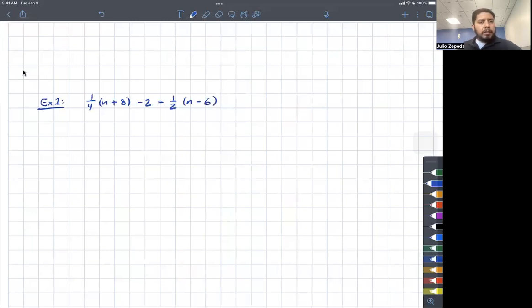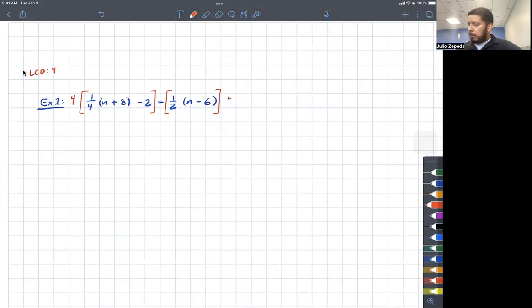So example number 1 is just solving this equation. The first thing that you can do for this equation is to multiply both sides by the least common denominator, which in this case is 4.